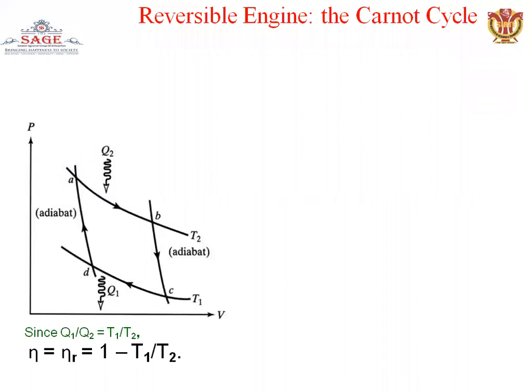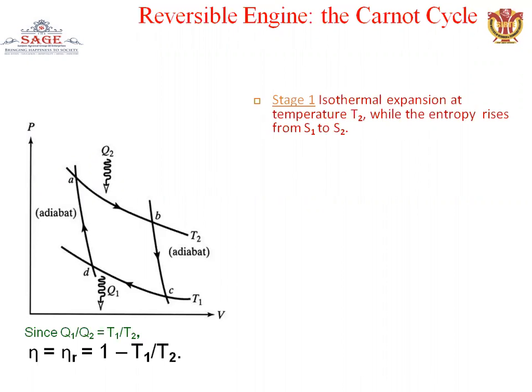This is the PV diagram in which all the processes are shown, already discussed in unit 2. Stage 1 is isothermal expansion, carried out in process AB, where heat enters from the source into the system, such that the petrol comes from the carburetor into the engine cylinder.